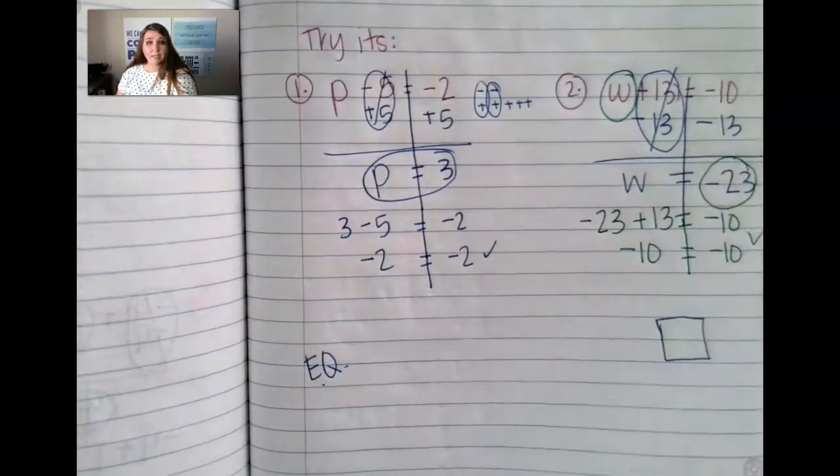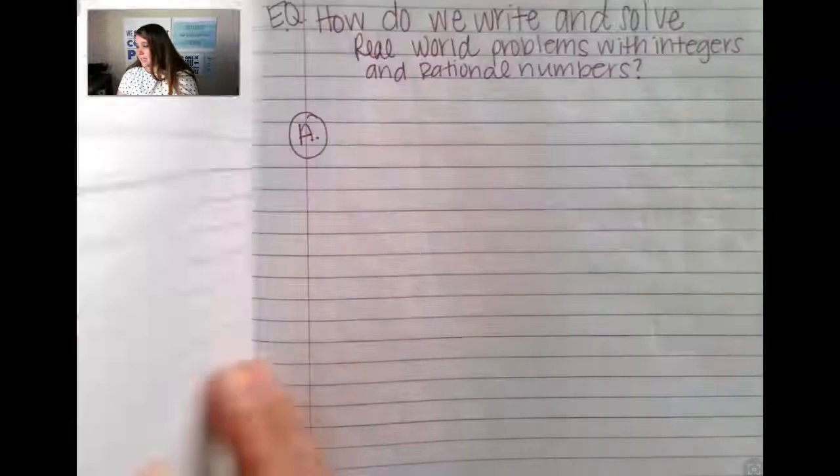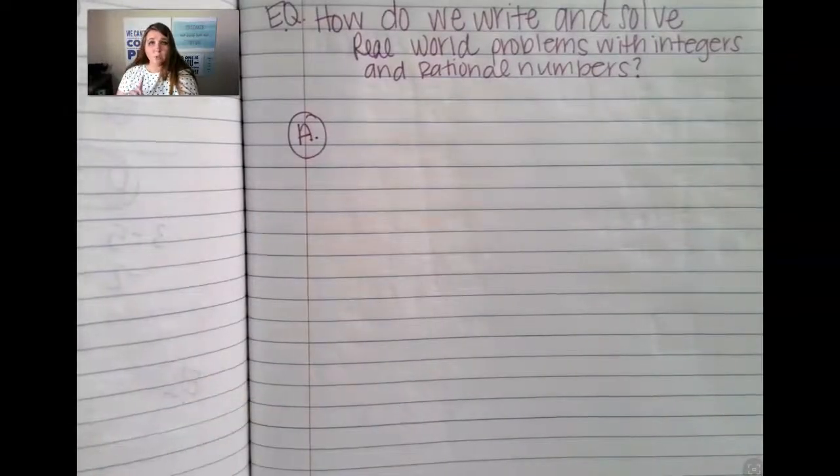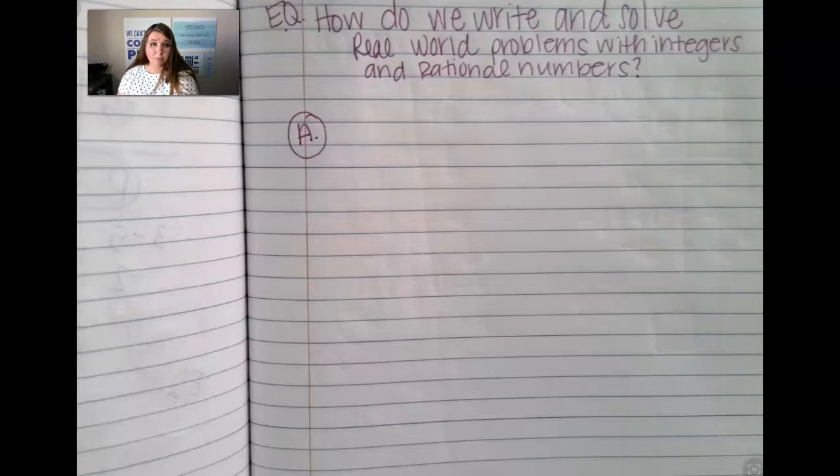Today we're going to continue that same idea, except we're going to look at real-world problems, and we're also going to write the expression. They're not giving it to you. You have to come up with it based on what's happening in the real world.